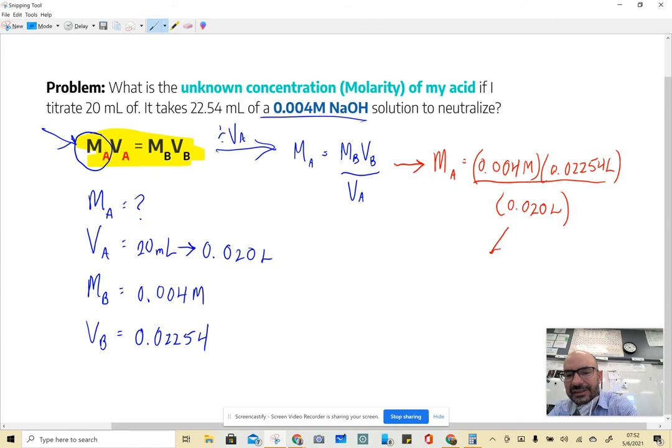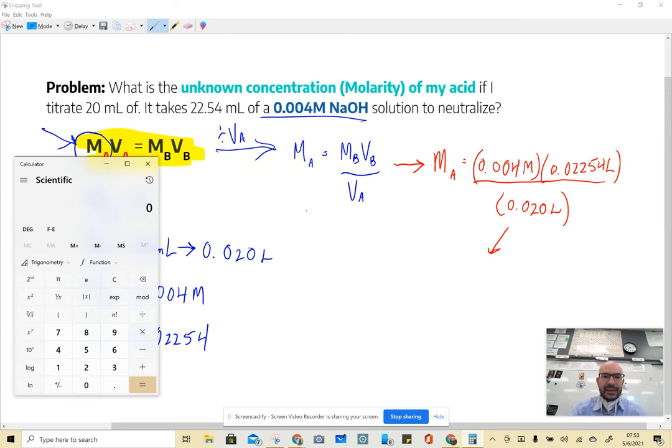All right, once you've got this set up, all it really takes is plugging these values in. So I'm going to take my 0.004, multiply it by 0.02254, and then divide that by 0.020.